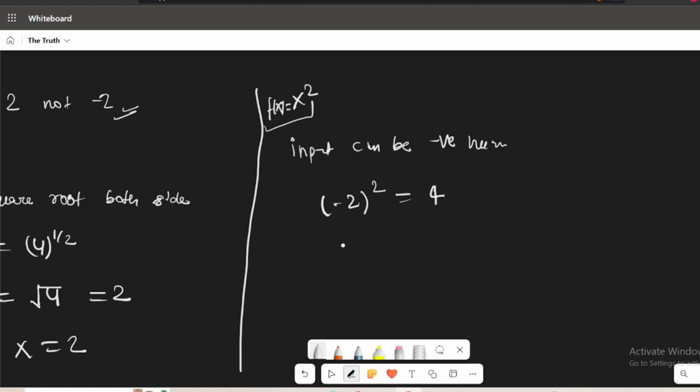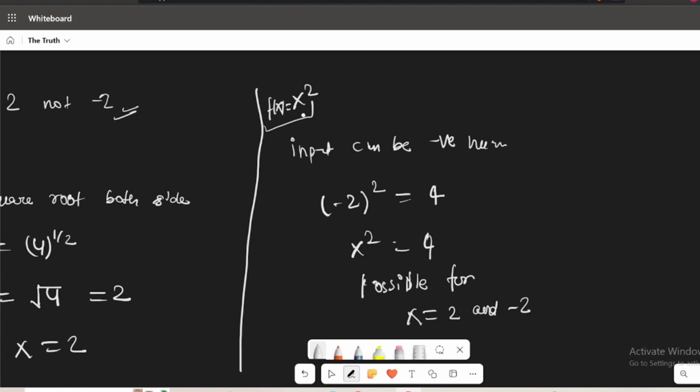So you might be thinking that x square is equal to 4 is possible for x equal to 2 or x equal to minus 2.